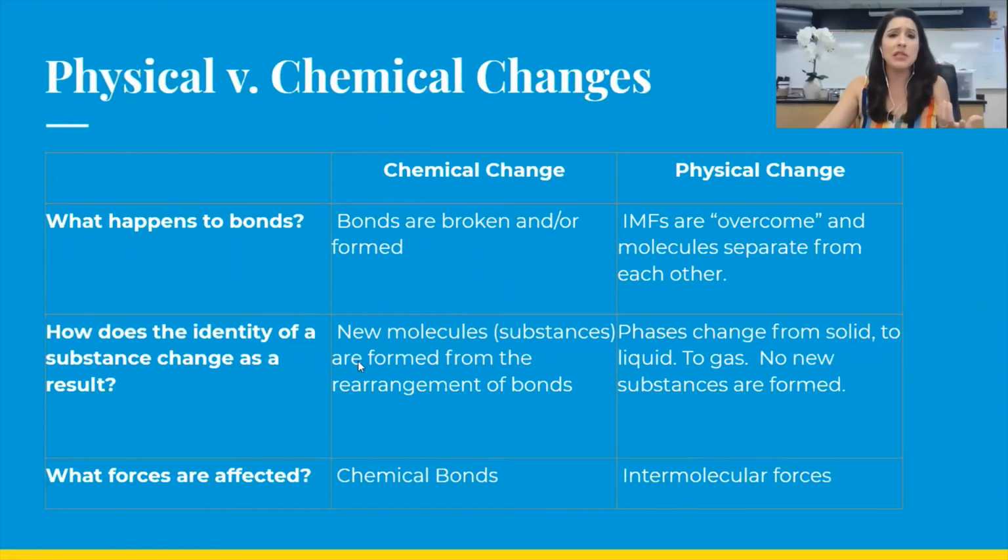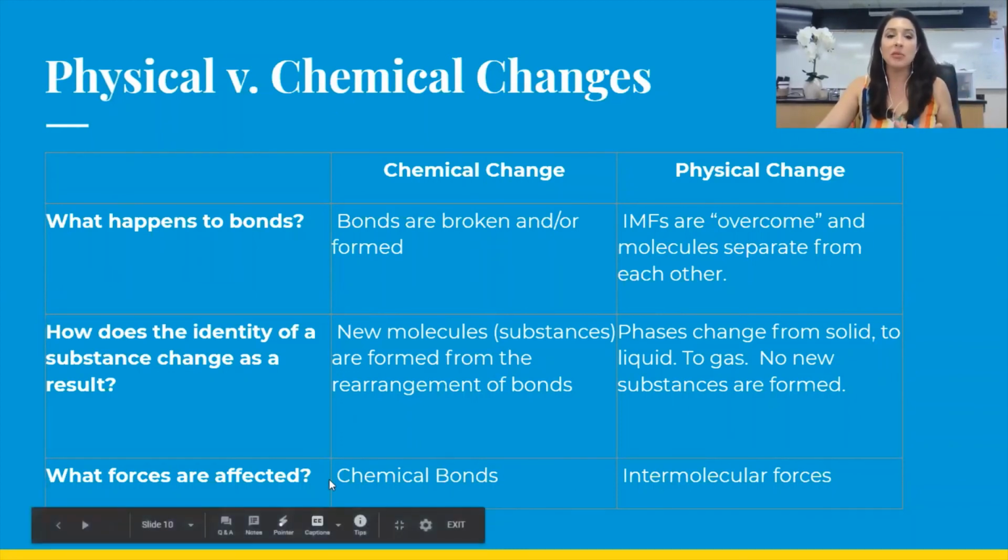And what happens in terms of identity? Well, in a chemical change, new molecules are formed when you undergo a chemical reaction. Bonds are rearranged, bonds are broken, bonds are reformed, and this involves a change in the identity of a substance. However, in a physical change, the identity of the substance does not change. Only its phase of matter changes from solid to liquid to gas, depending.